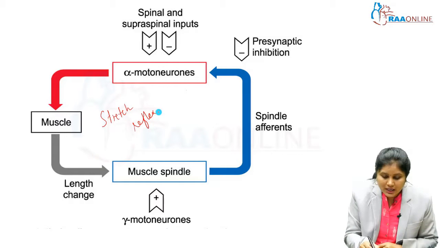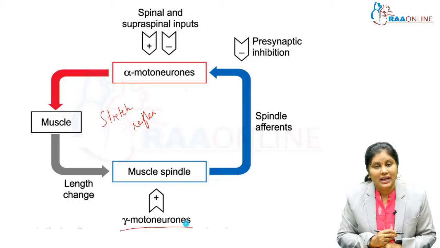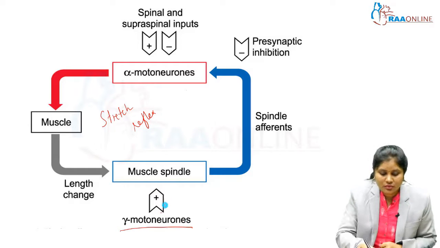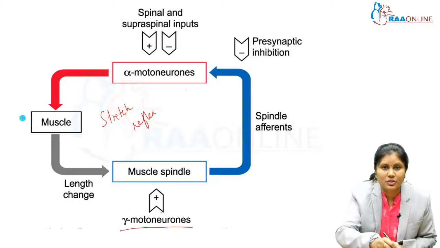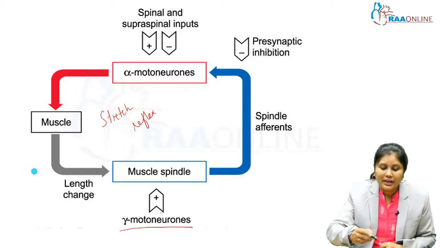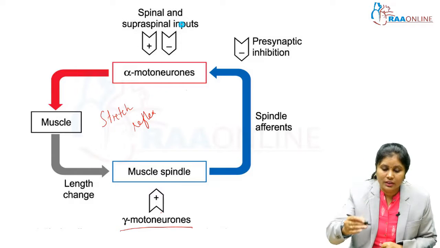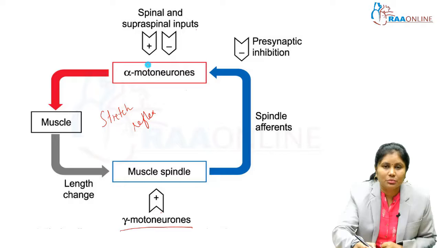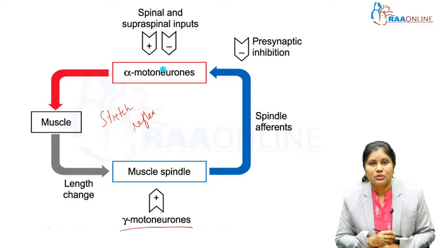Right. Now, the gamma motor neurons, which are also present in the anterior horn of the spinal cord, will also stimulate the muscle spindle so that the same effect is produced. Okay. And supraspinal, that is your higher centers, may stimulate the alpha motor neurons or may inhibit them also.